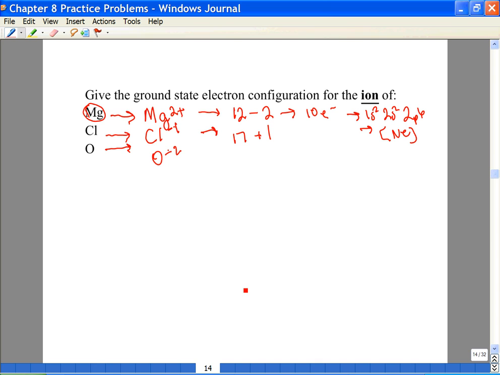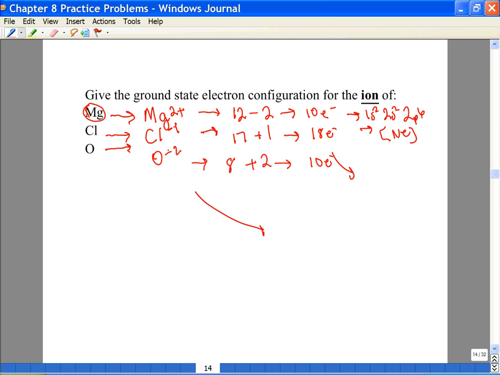You would add an electron to that one, and you would end up with 18 electrons. And then you could write the electron configuration. And the same for oxygen, which has 8 electrons. When you add 2 to that, you end up with a total of 10 electrons.